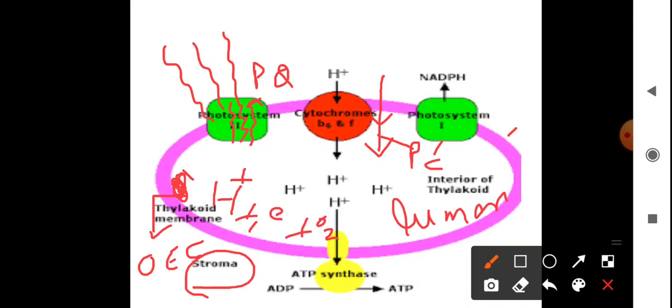So oxygen goes to the atmosphere, the protons stay inside the lumen, and the electron is passed to photosystem 2 to compensate for the loss of electrons going from photosystem 2 to photosystem 1.